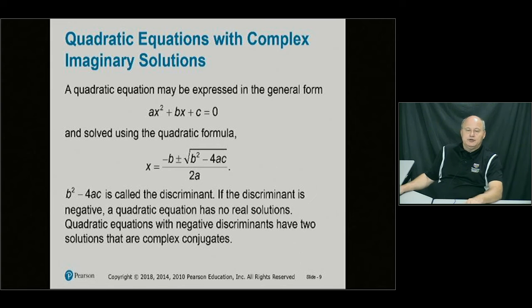If I told you that 5 plus 3i is a solution to this quadratic equation, then you're guaranteed you know the other solution, which is 5 minus 3i. They come in what we call conjugate pairs. That's the beauty of this: if you know one, then you have to know the other.